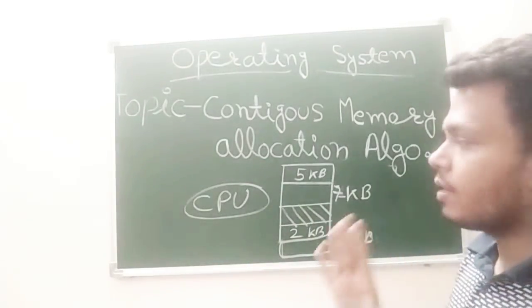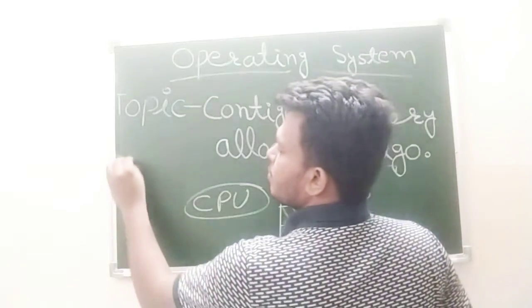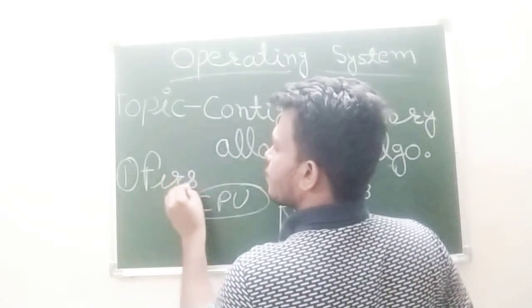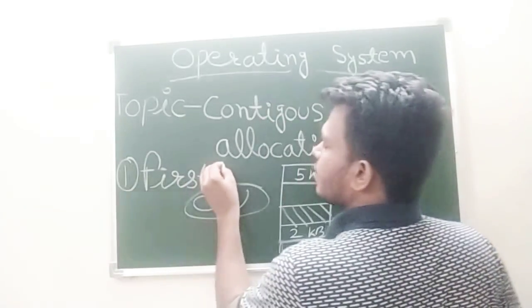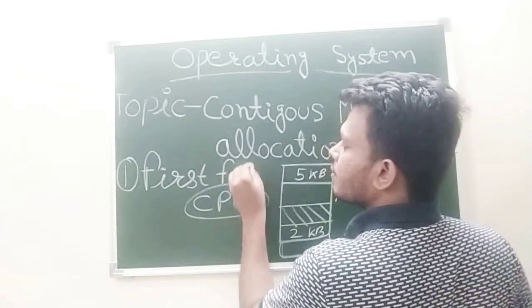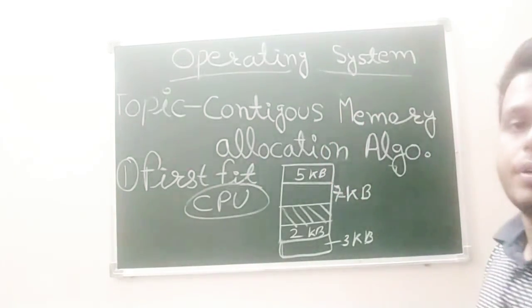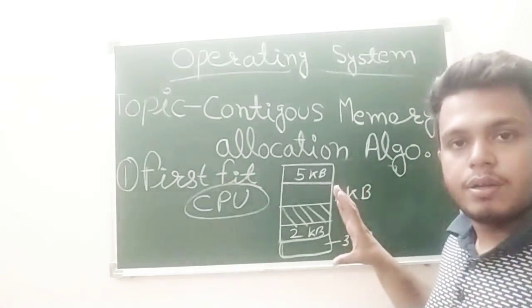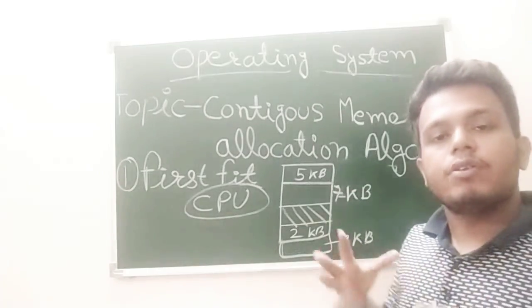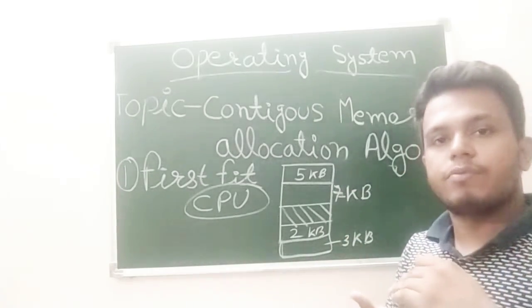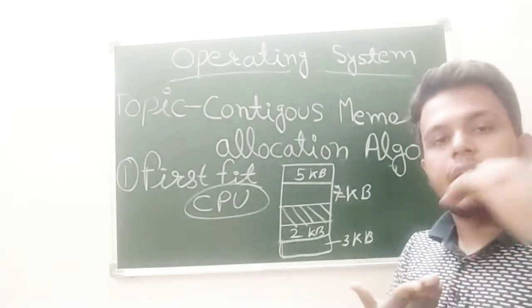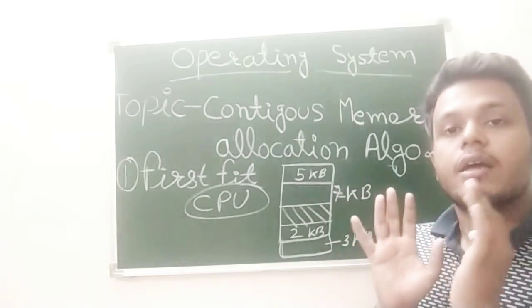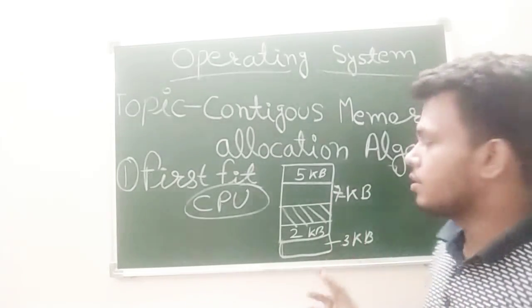Suppose the first type of contiguous memory allocation algorithm is first fit. What is the meaning of first fit? First fit says that in the main memory, whenever you scan from the head of the memory, as soon as you get a space, you will allocate it if it is enough for that particular process.